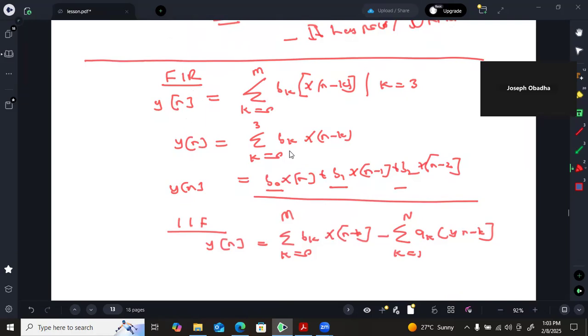Okay, because we have this part of the output which is fed back to the signal.